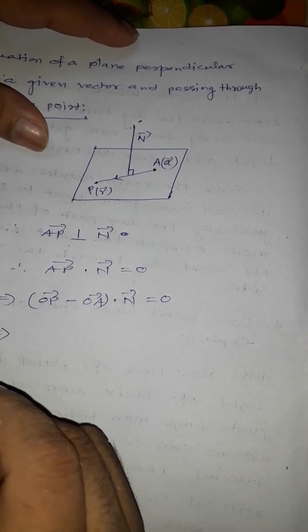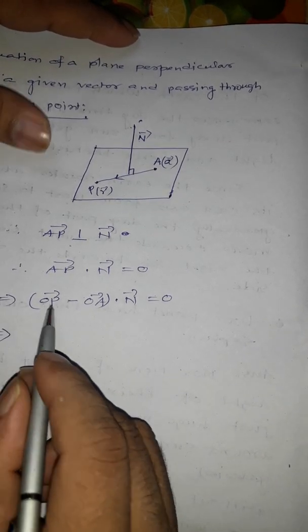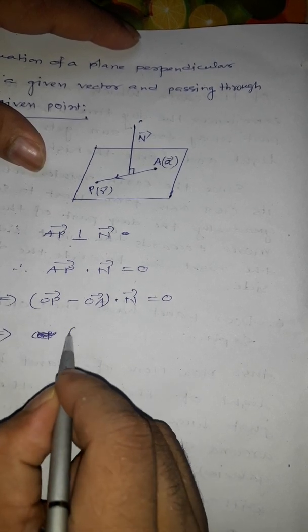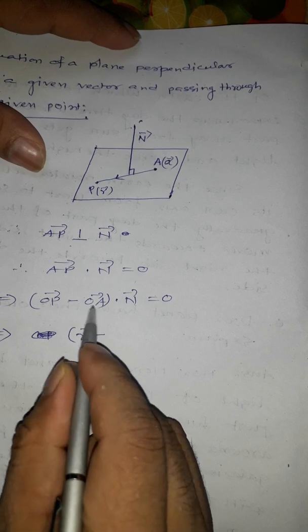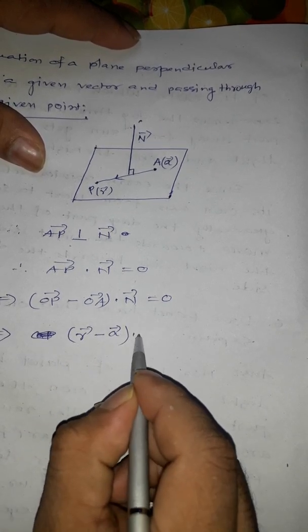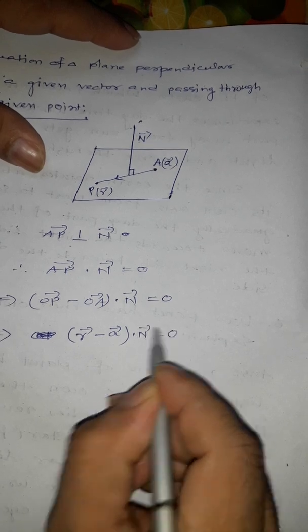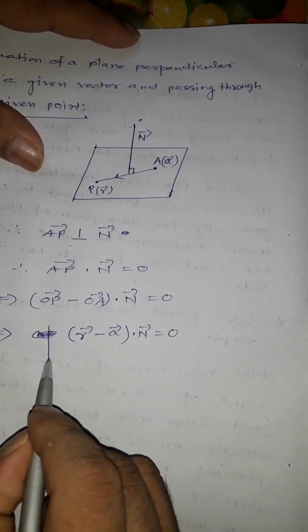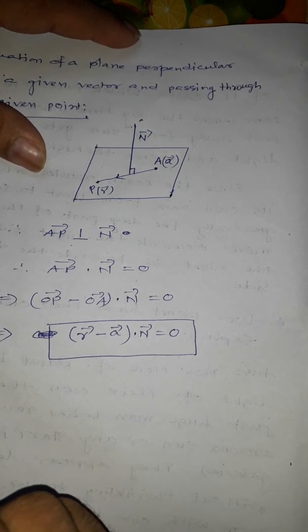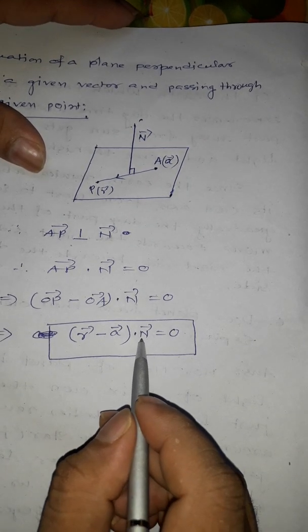So this implies OP is r, OA is a, dot n equal to 0. So this is the vector equation of the plane passing through a point and perpendicular to a given vector n.